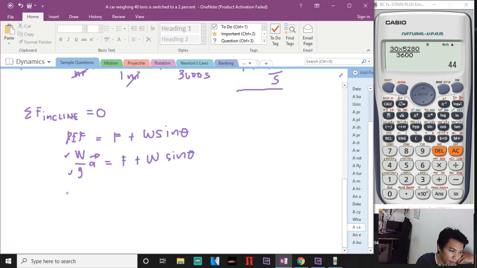So a will be equal to F plus W sine theta, multiplied by g over W.